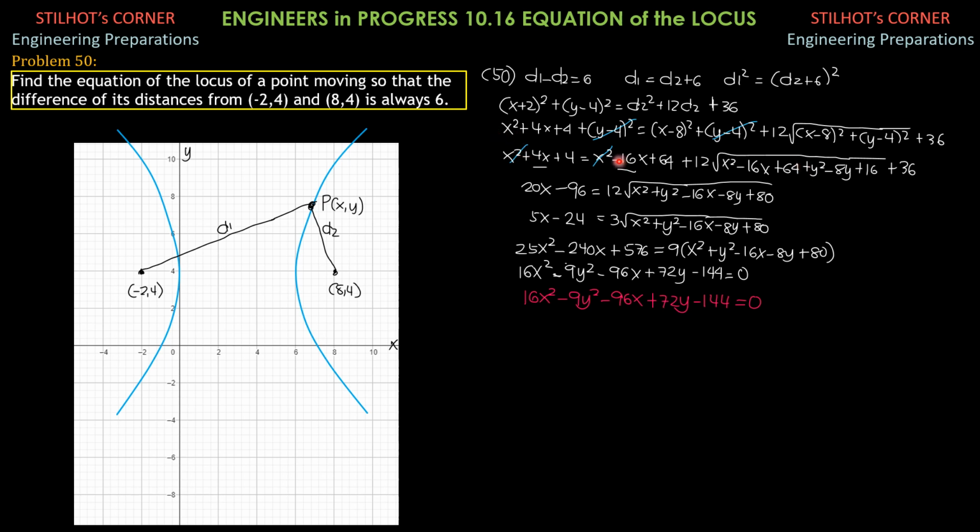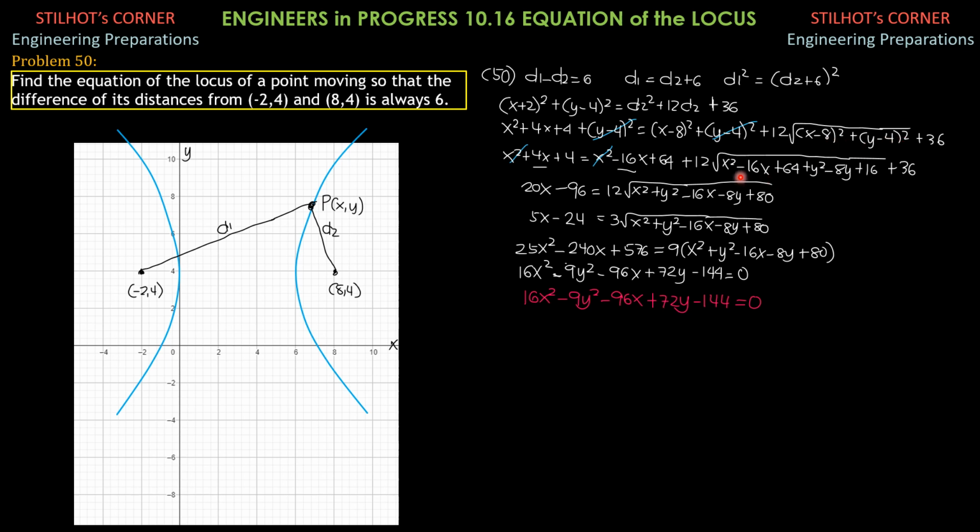Then we also expand this one. So copy the left, x squared plus 4x plus 4. Expand the quantity x minus 8 squared, x squared minus 16x plus 64. Then we just expand the terms inside.